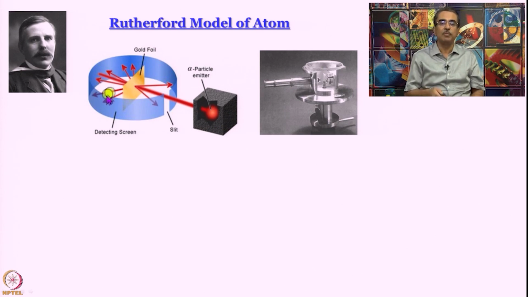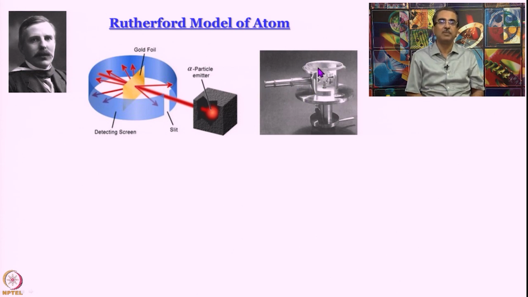How would you know if alpha particles go straight or they bend? A photographic film was placed in this circular manner, and this kind of a chamber is what was actually used for the experiment. So, the alpha particle emitter would be here, gold foil would be here, and in this empty place the photographic film would be placed.